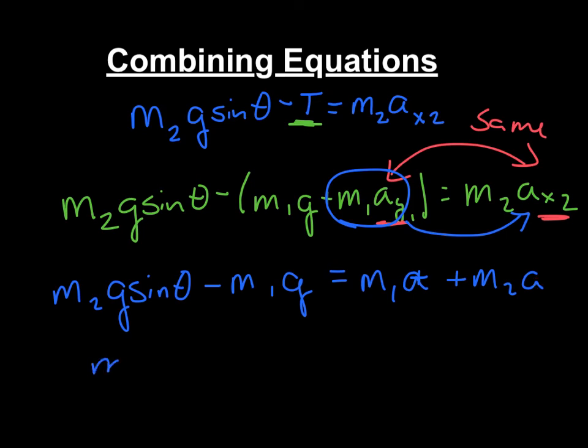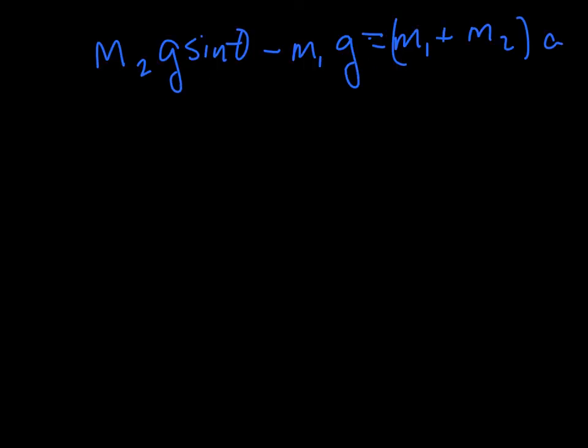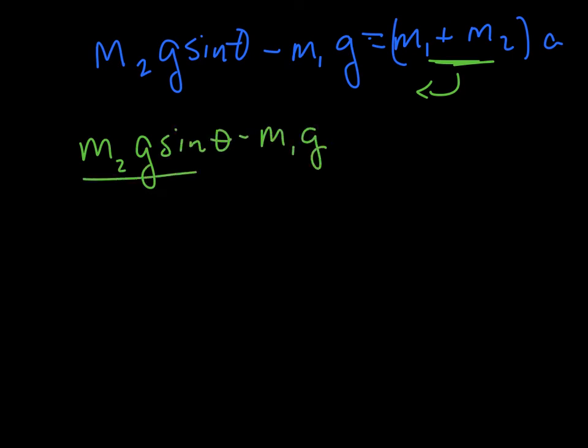I'll rewrite this as m2g sine theta minus m1g equals the quantity m1 plus m2 times a. And we're almost done. Let's move this over, and we'll get m2g sine theta minus m1g, over m1 plus m2, equals a.